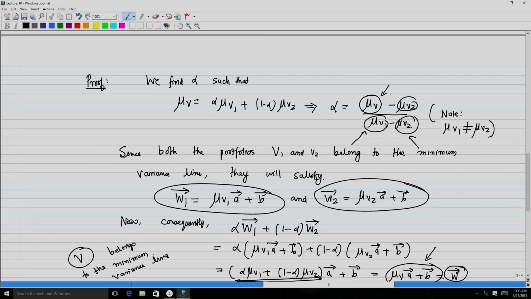Instead of creating a portfolio of several assets, I will choose a value alpha making use of this mu v, and accordingly invest the fraction alpha of my total amount of money in portfolio V1 and the remaining fraction of 1 minus alpha in the portfolio V2. The resulting portfolio V will also be on the minimum variance line, and I have also accomplished the return mu V that I had set as my target.